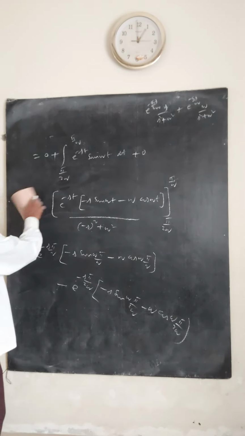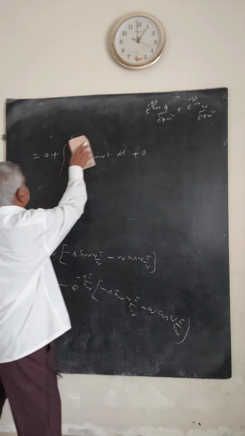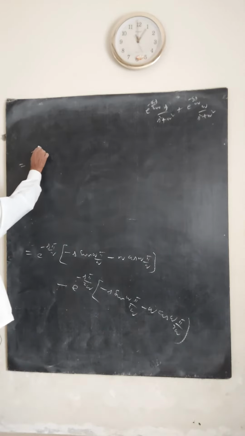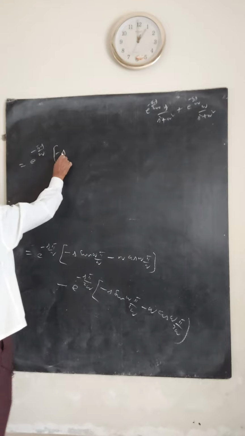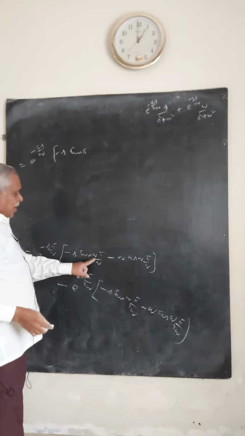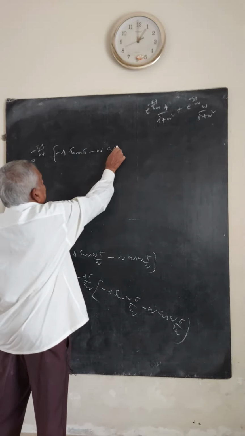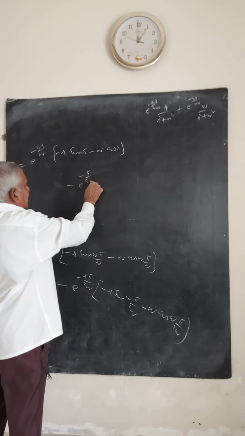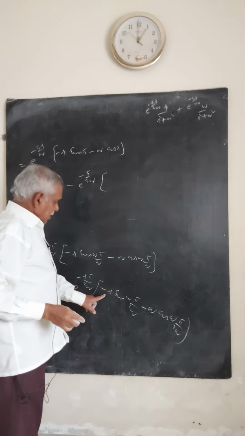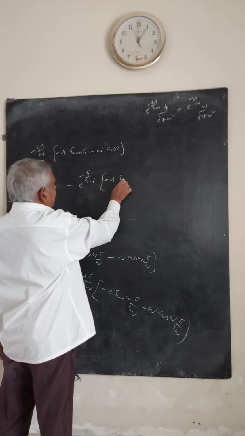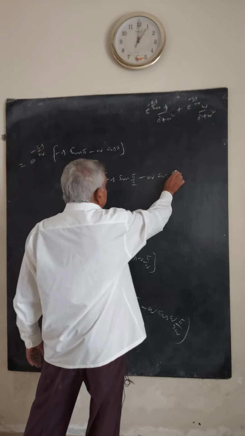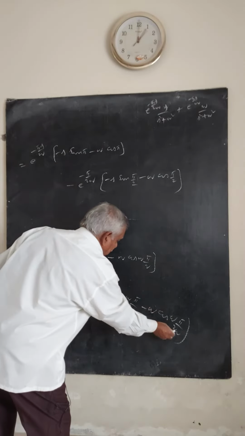Upper limit minus lower limit we have applied. E power minus pi s by omega times (minus s sin pi minus omega cos pi, omega cancelled), minus e power minus pi s by 2 omega times (minus s sin pi by 2 minus omega cos pi by 2, omega cancelled).